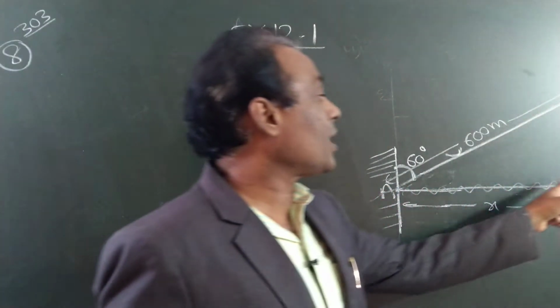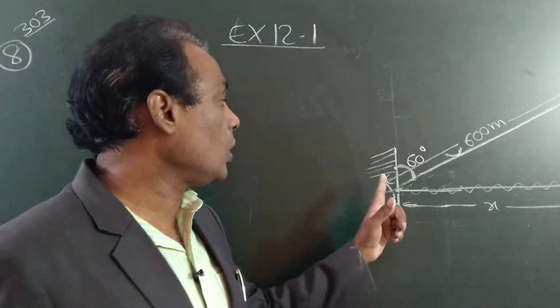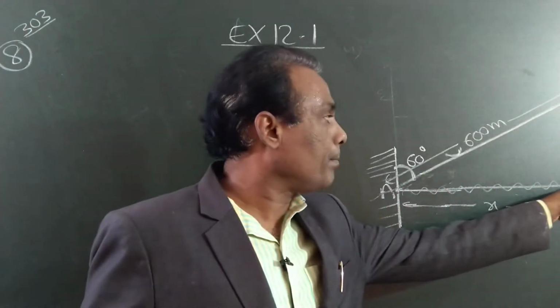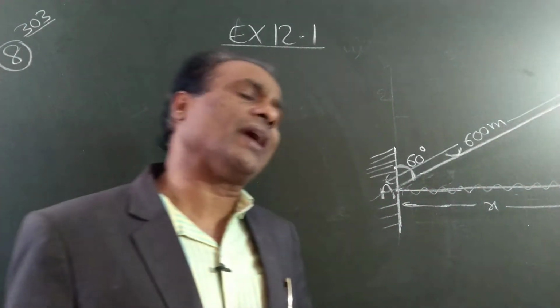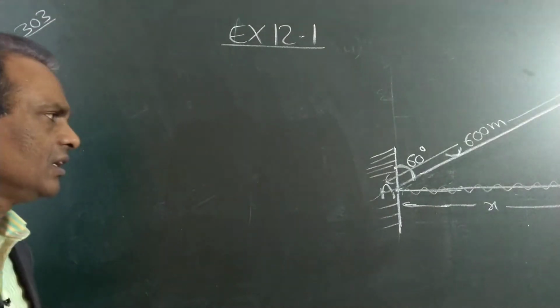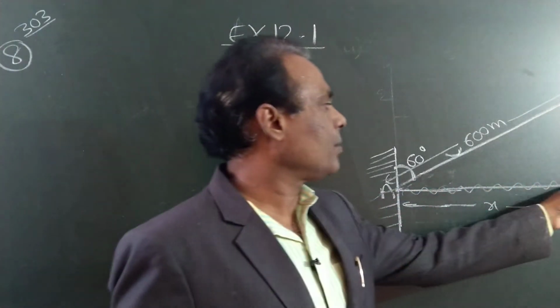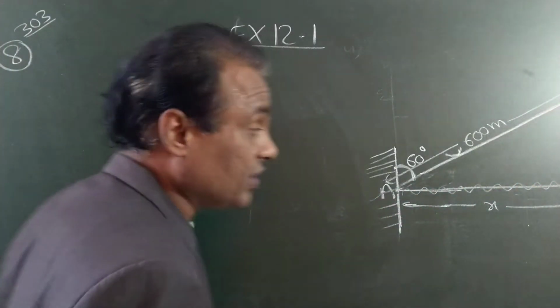Let A comma B be the two banks of the river, the two ends of the river.